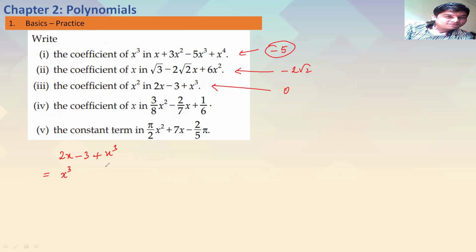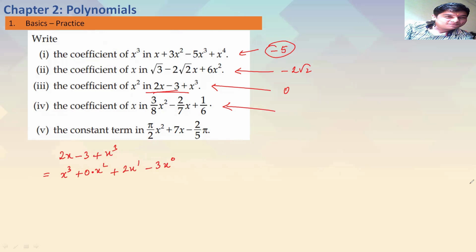Is there a term having x square? There's no x square. So what do we do? Plus 0 times x square. Then plus 2x raised to 1, and then minus 3x raised to 0. So what is the coefficient of x square in this? 0. There you go.